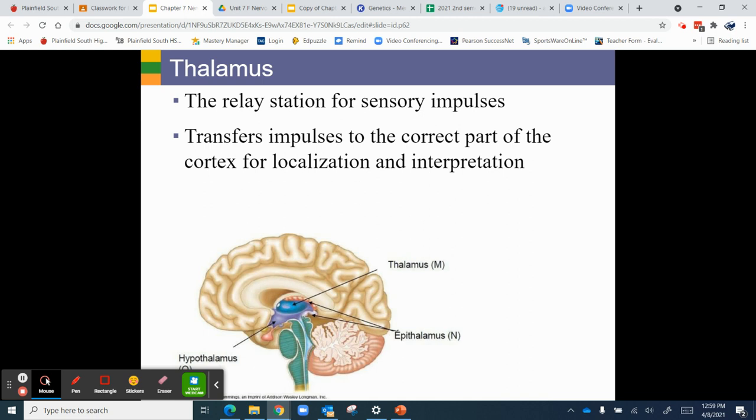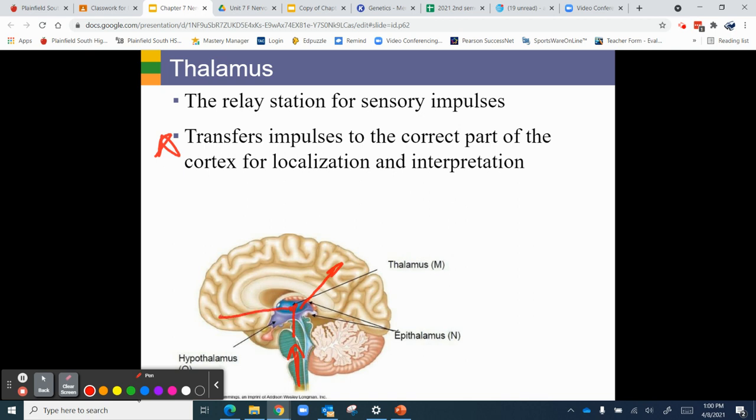So the purpose of the diencephalon really is to relay sensory impulses to different areas of the brain. This is really its main job: to transfer those impulses to the correct part of the cerebrum so that we can get those interpreted. So remember, we've got impulses coming up the brainstem towards the brain, and so it would make its way to the diencephalon, and then if it was supposed to be, say, motor, we would head here towards the parietal lobe.